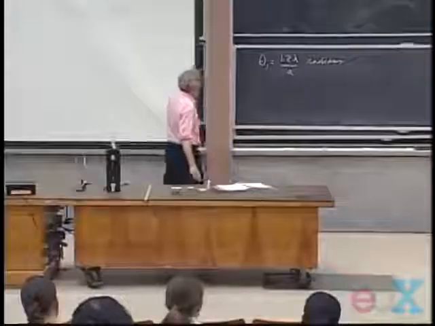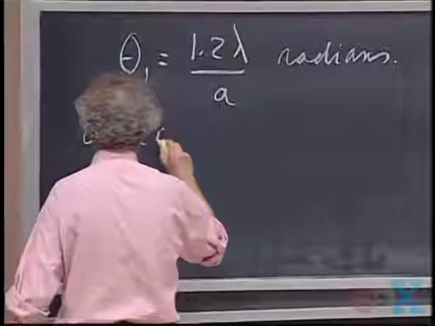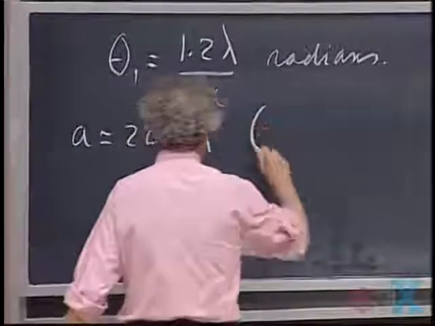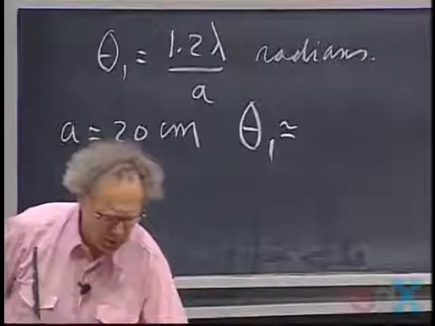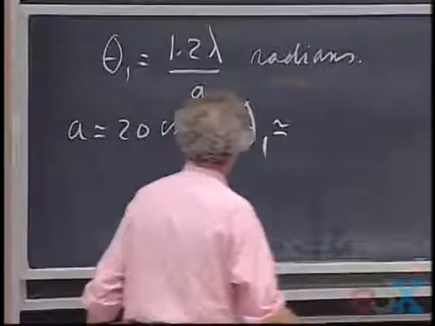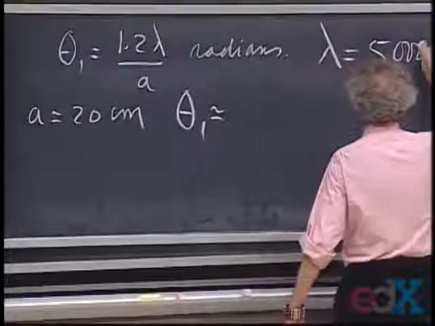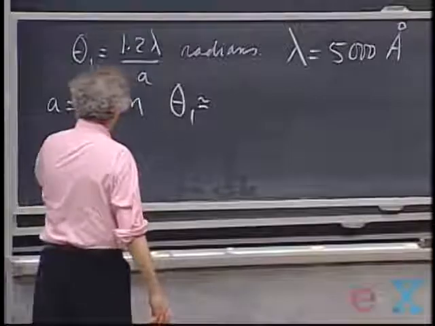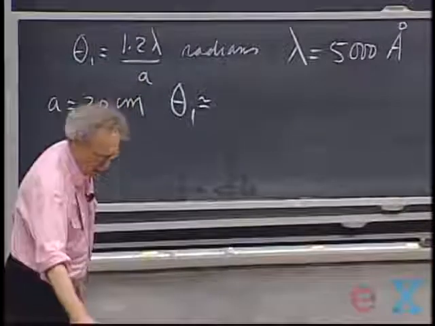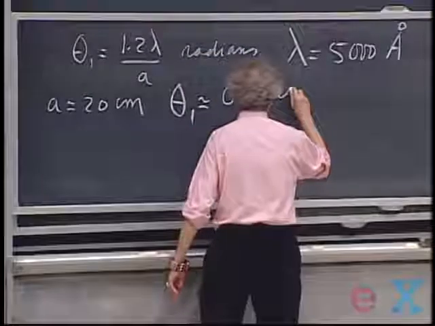If you take a lens which has a diameter A of about 20 centimeters, then that translates into a theta 1 of about half an arc second for 5,000 angstroms. So I take lambda 5,000 angstroms. Remember, an angstrom is 10 to the minus 10 meters. So theta 1 then becomes half an arc second, 0.5 arc second.